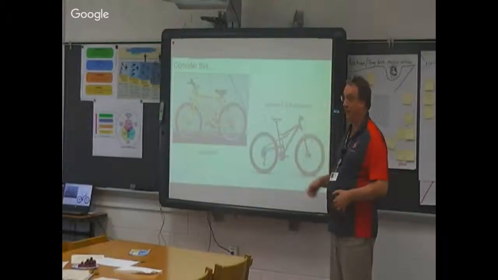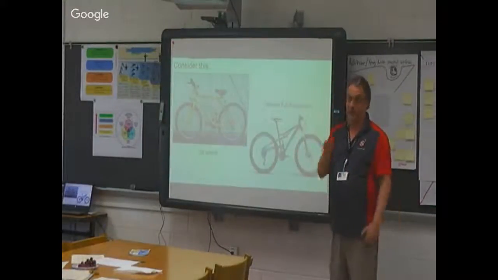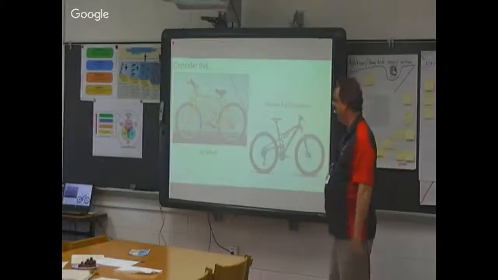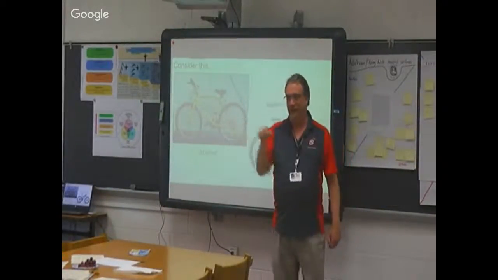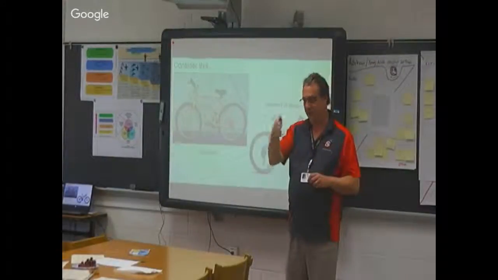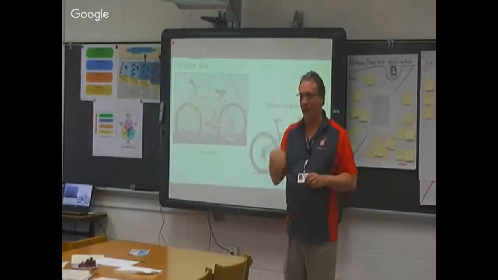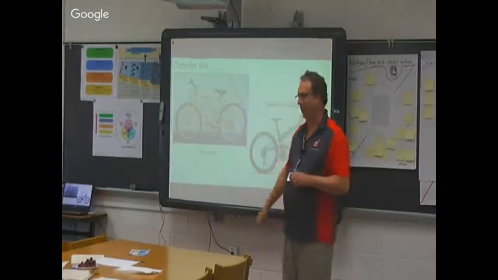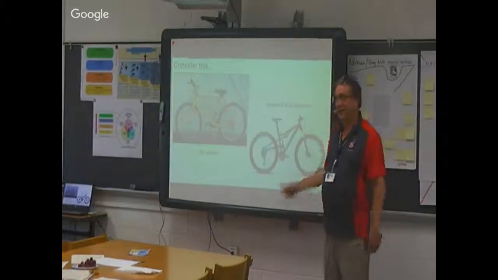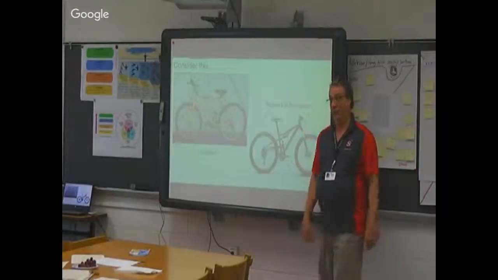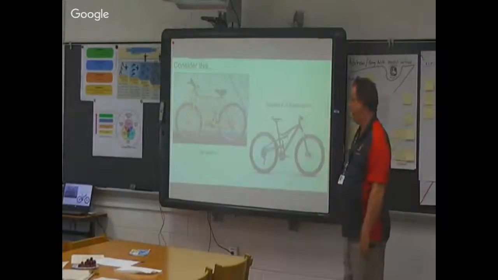Some of them now even have electronic shifting. This one has what's called friction shifting. So infinitely variable shifting, so you could move the lever a little bit, and if it wasn't quite in gear, you could adjust it a little bit on the fly. With index shifting, you push the button and it's not adjusted, well, too bad, you're stuck with it. There's no way to fix it while you're moving.